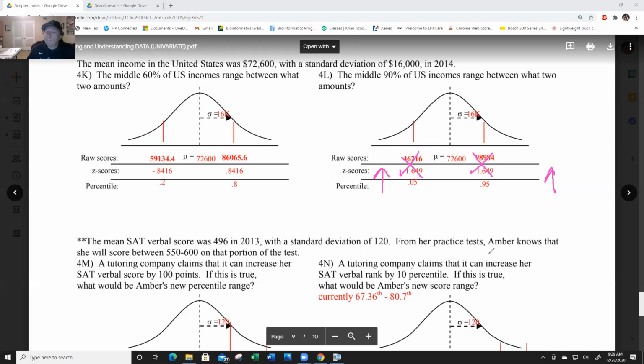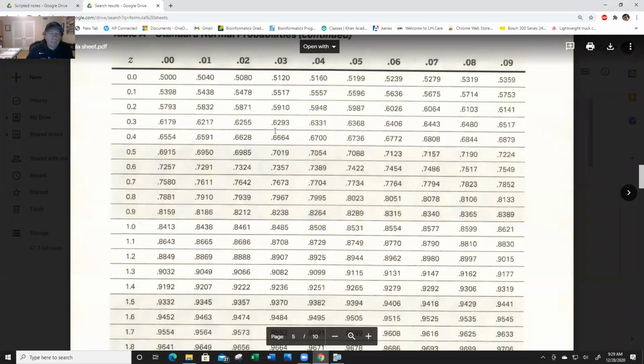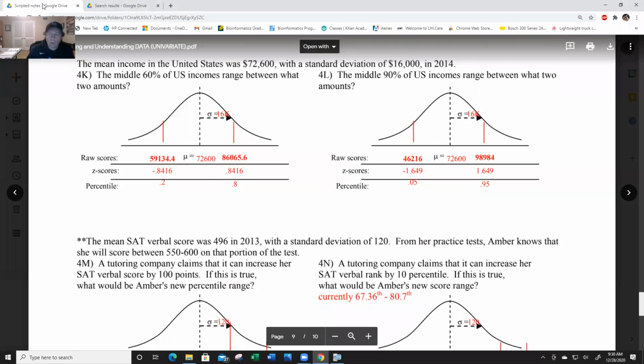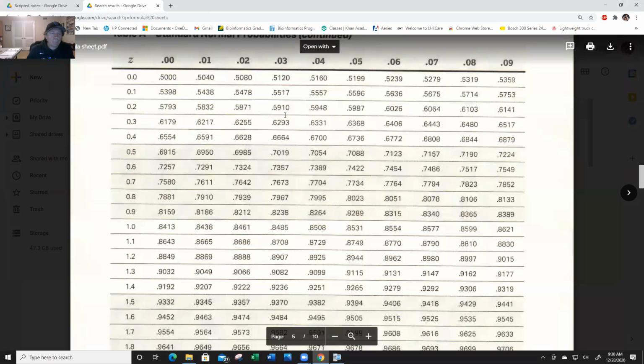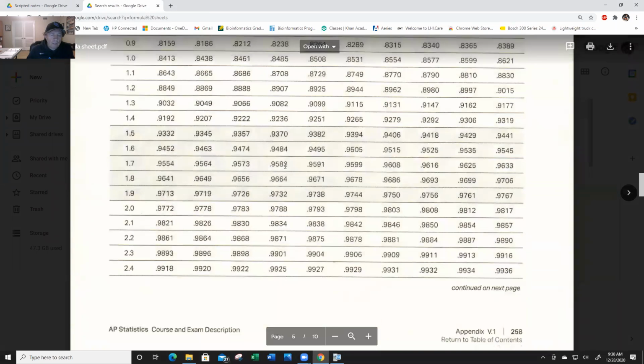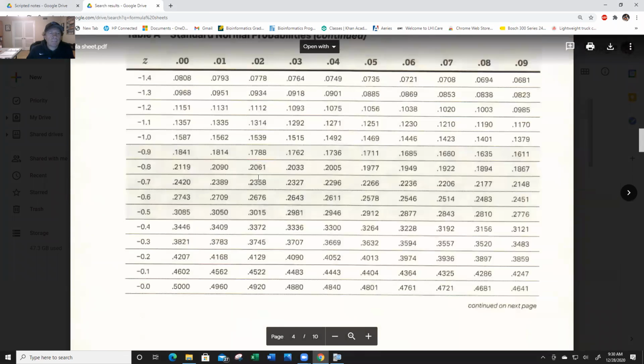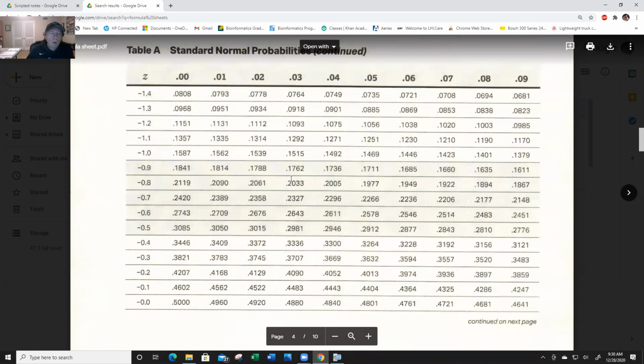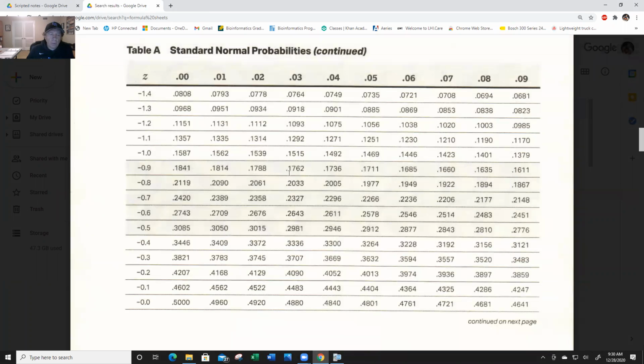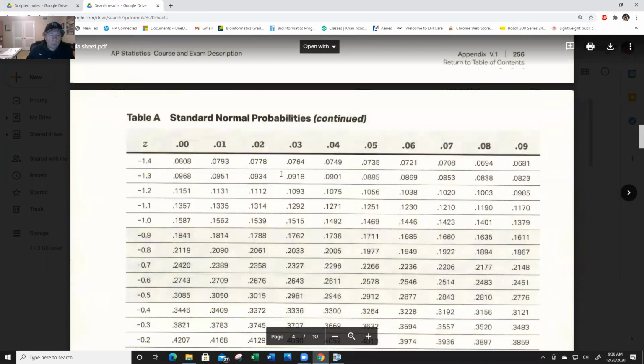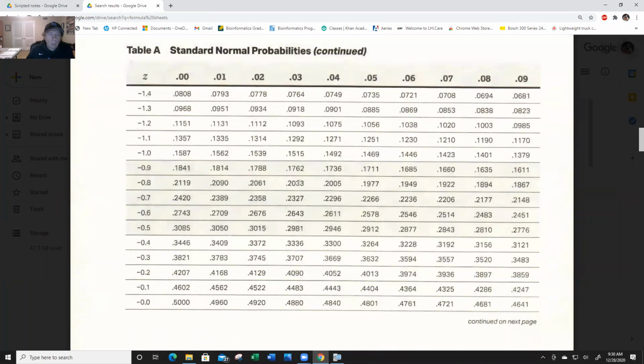Step 1, convert 5% into a z-score. Okay, 5% into a z-score. Let me use the table first. Okay, so let me go up the page here. So it's going to be negative.